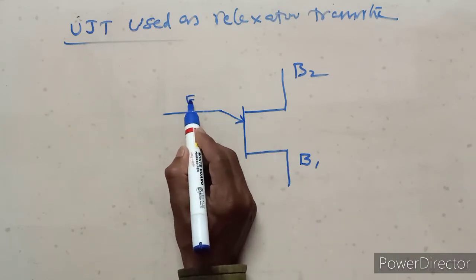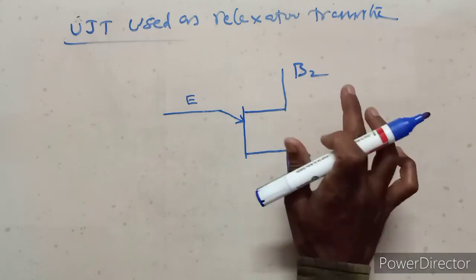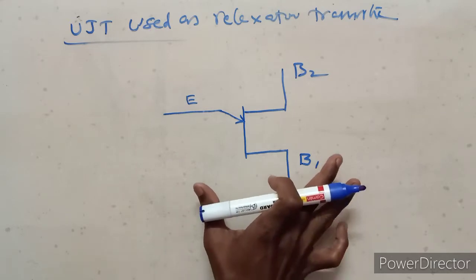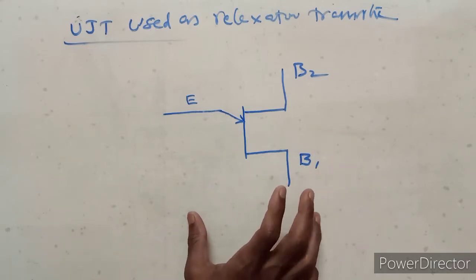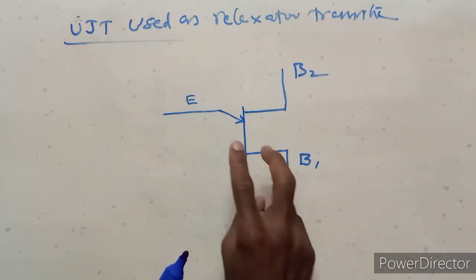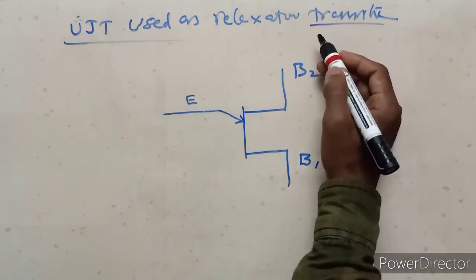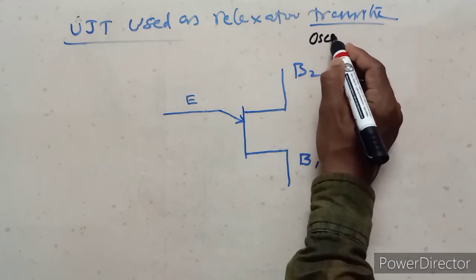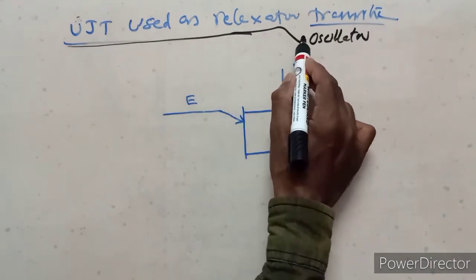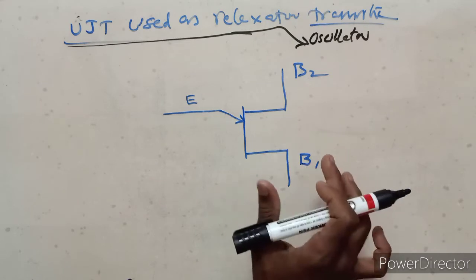This is the emitter, this is base 1, this is base 2. This is the unijunction transistor. It is used as a relaxation oscillator. Sorry, it is not a transistor, it is an oscillator. The UJT is used as a relaxation oscillator.